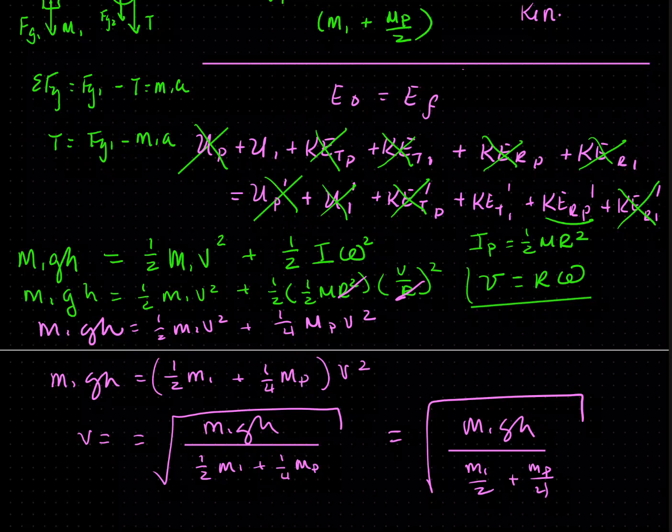The only thing is, if you are using the conservation of energy, make sure there's potential, kinetic translational, and kinetic rotational for each object. You do not have to write every single equation out, but you need to note that all three energies are possible for each of the objects.